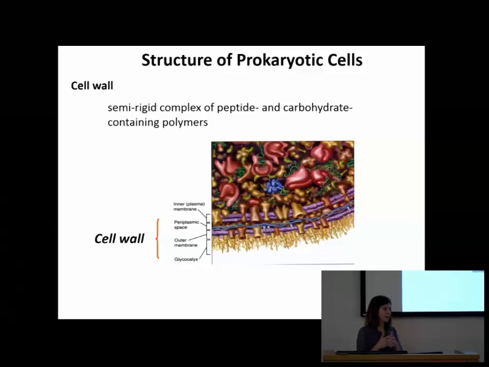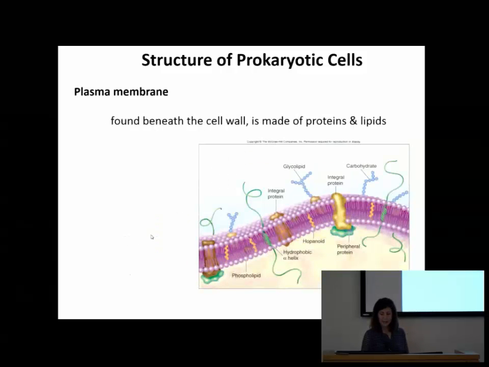So this is a picture of what makes it so tough. You can see this is the inner part of the cell, and this is the inner membrane, and then this is the cell wall. Directly underneath that is the plasma membrane, which we are going to spend a great deal of time on later in this semester.